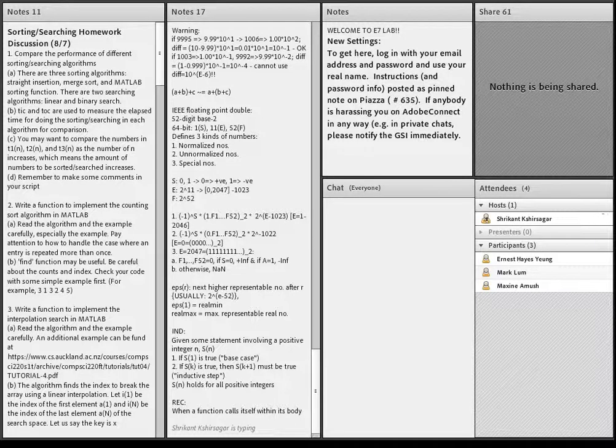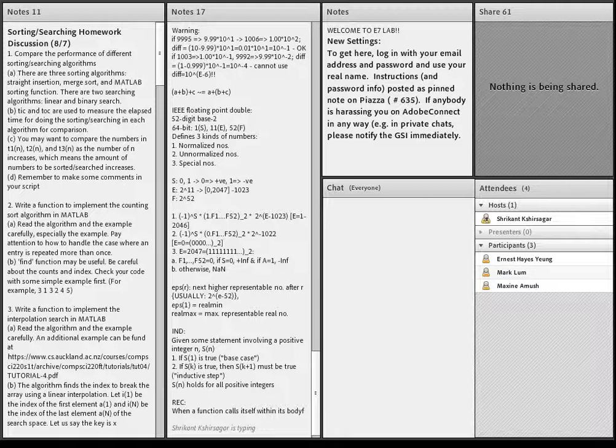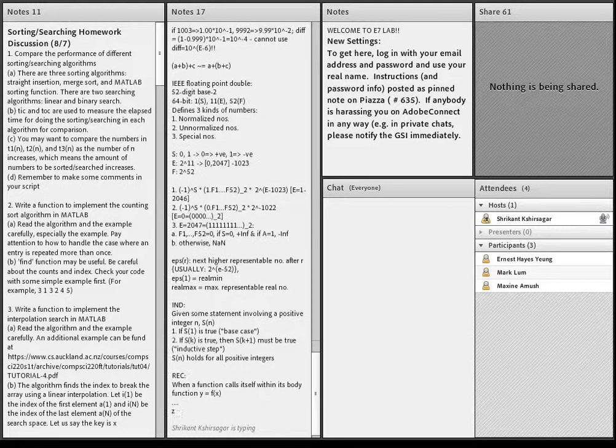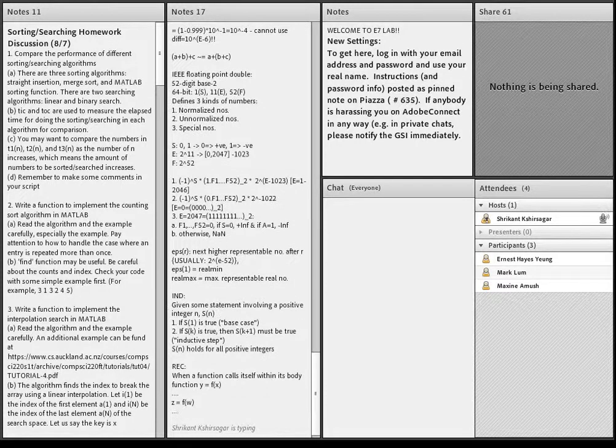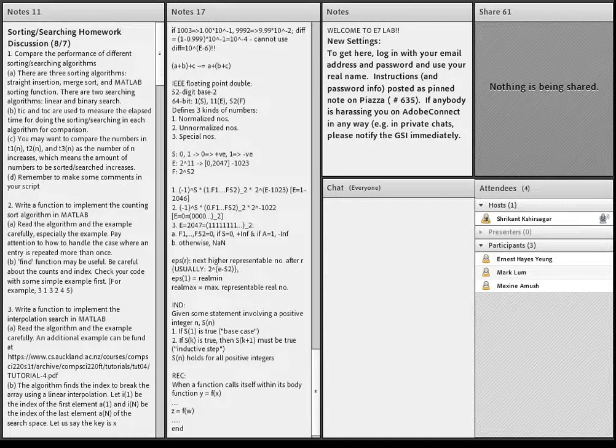So you have some function, y equal to f of x, and then you do something in the body, and then somewhere you say z equal to f of w, and then do something more and end. So this step is the recursive step, where you're calling the function f within the body of this same function f.